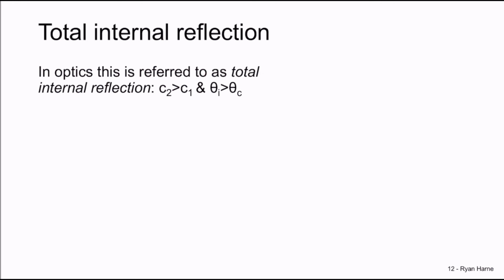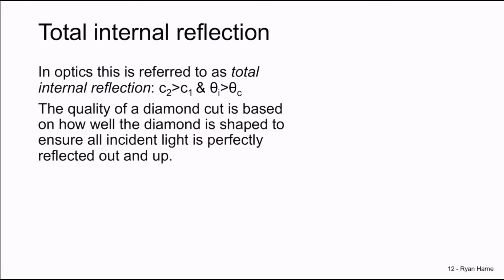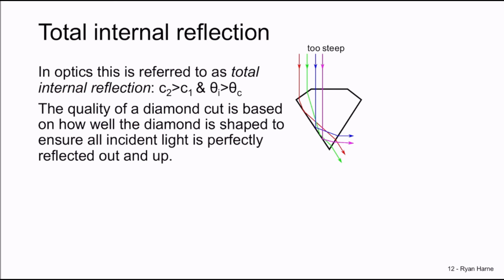It's used in the development of diamonds. Specifically, the diamond cut is based on how well it can perfectly reflect light out and up. So for instance, a diamond cut that's too steep does not apply the total internal reflection principle. In other words, the incident angle is greater than critical.